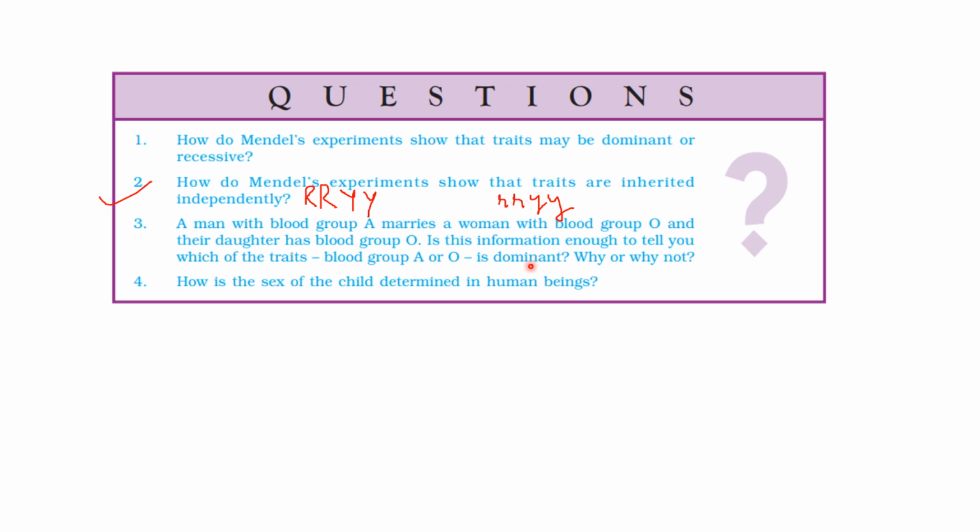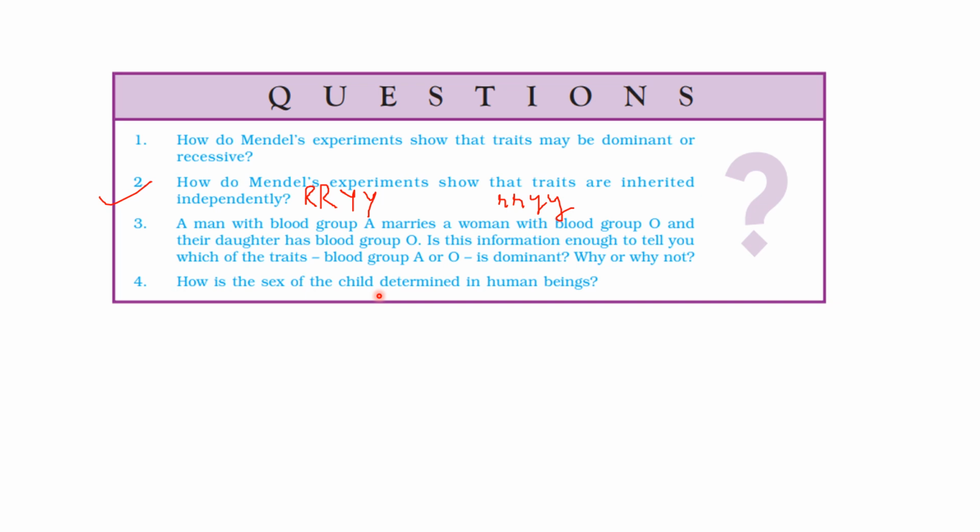The last one is, how will we determine whether a child is a male or female in human beings? It can be determined by the chromosomal composition inherited from the parents. First is the chromosomal basis. Humans have 23 pairs of chromosomes. Females have XX, and males have XY.